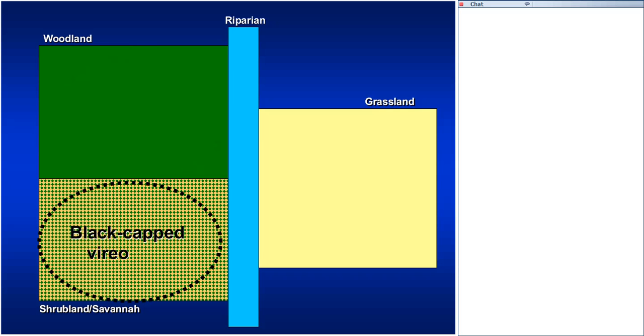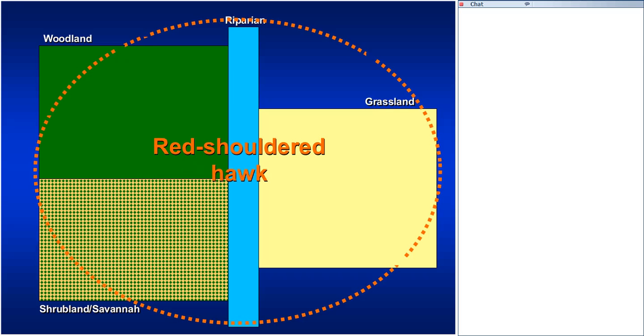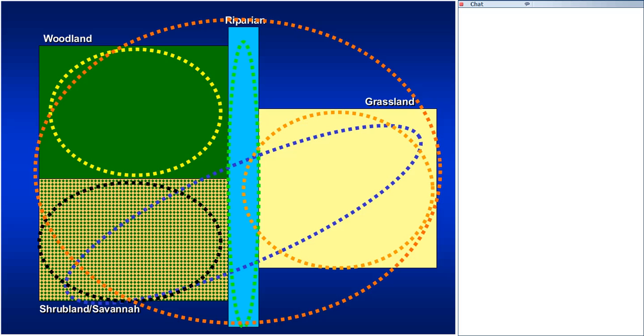And then we have something like the red-shouldered hawk that may be utilizing all of these areas. The grasslands, the riparian areas, it could be nesting, and probably nesting, in riparian areas, but in searching for food, it's going to be in grasslands, woodlands, and shrublands.